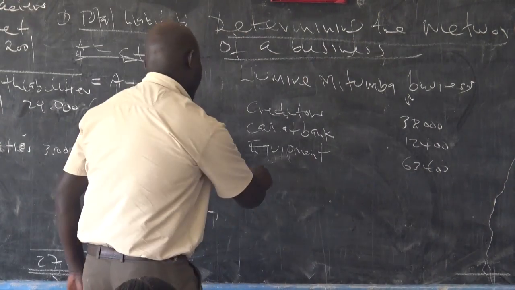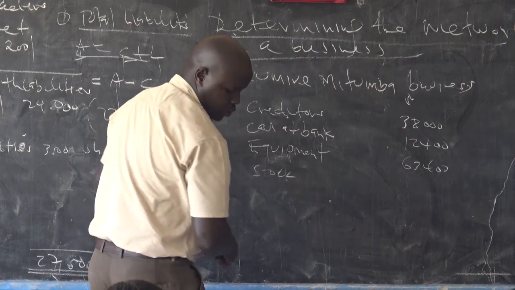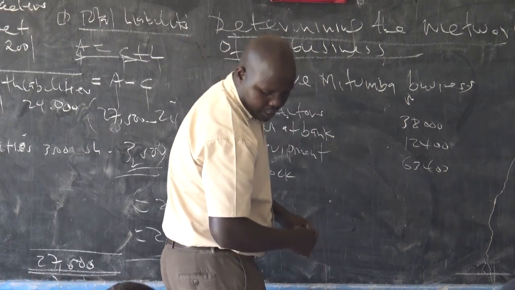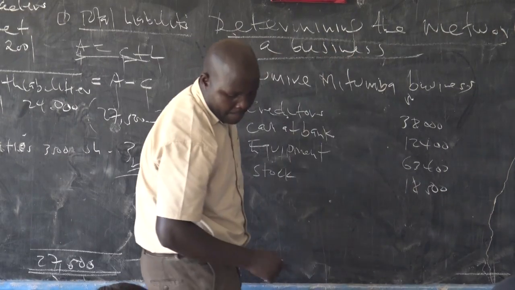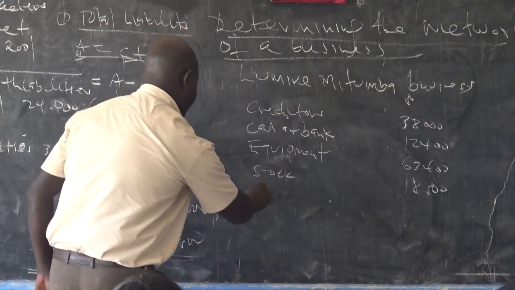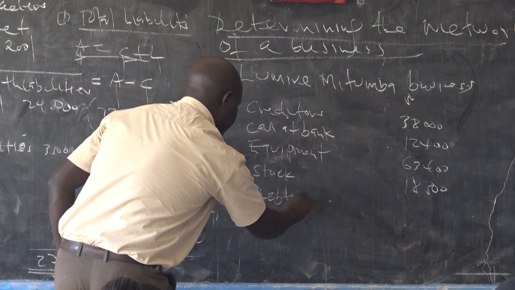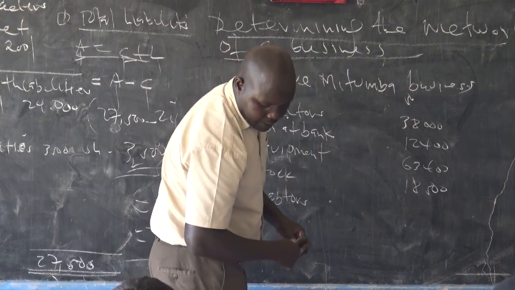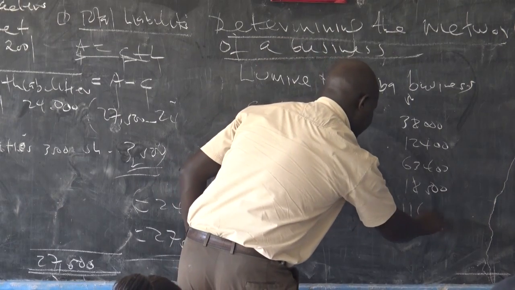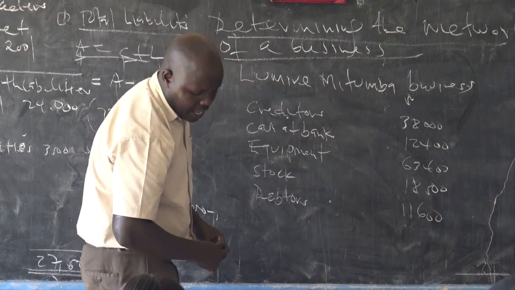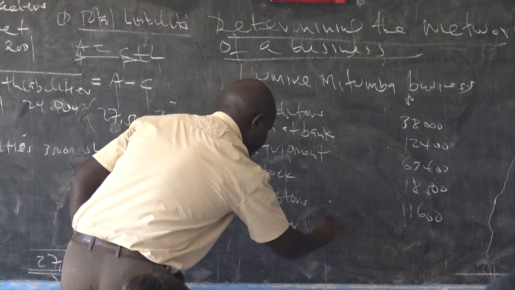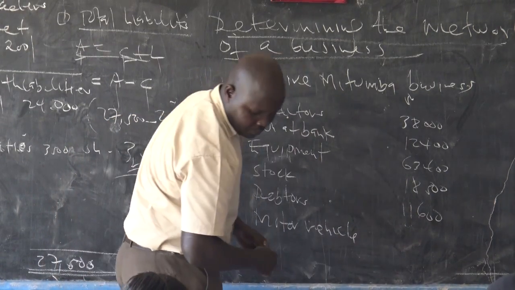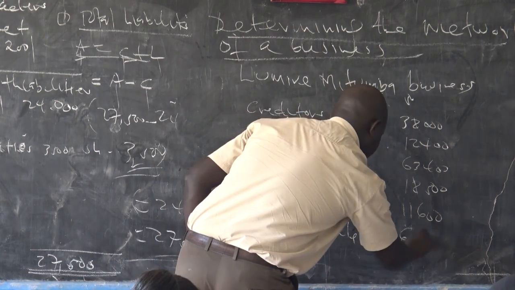Then we have stock amounted to shillings 18,500. Then we have debtors, shillings 11,600. Then we have motor vehicle, how much? 64,500.